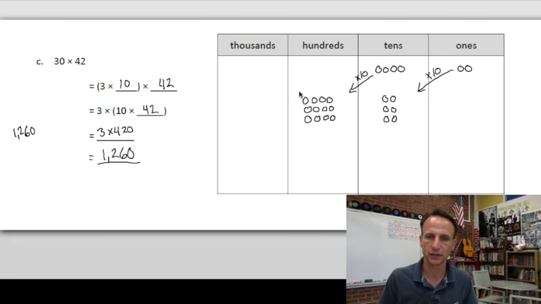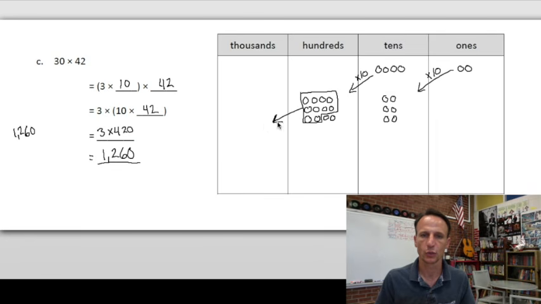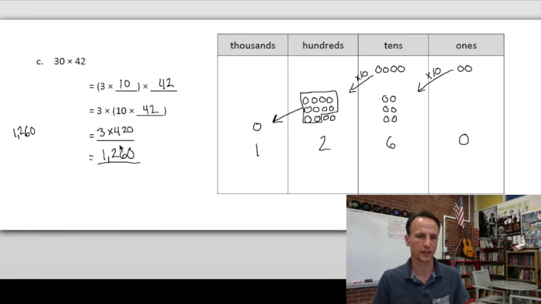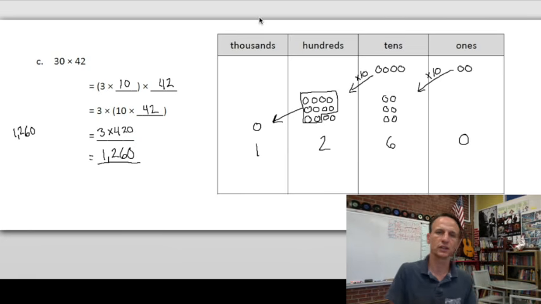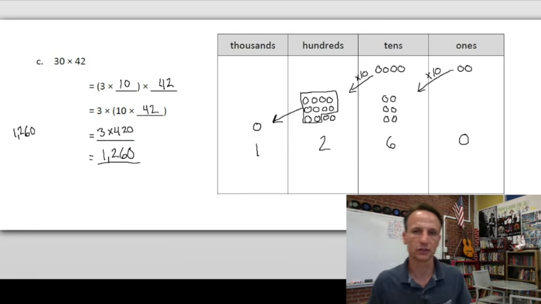But to make the place value disks look right, I'm not going to leave 1200s. I need to regroup these 10 hundreds as 1,000. So now I have what I was looking for: 1,000, 200 left, 6 tens, and 0 ones, 1260. All is well.